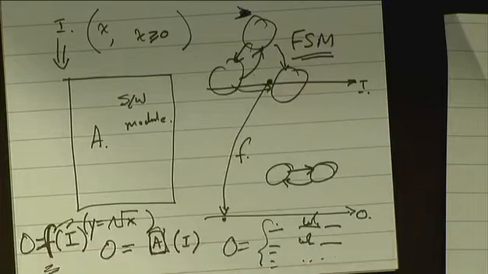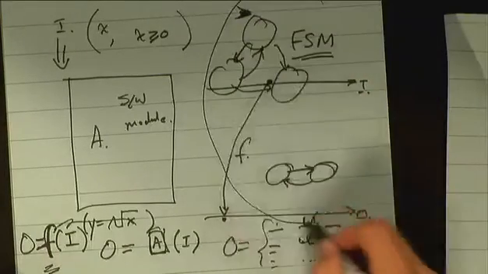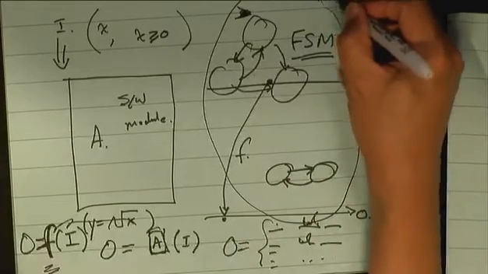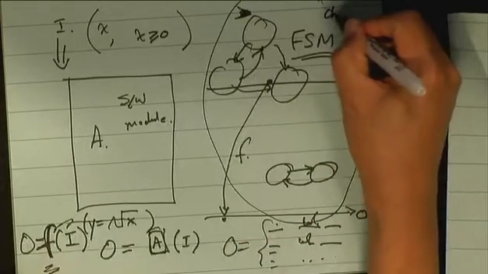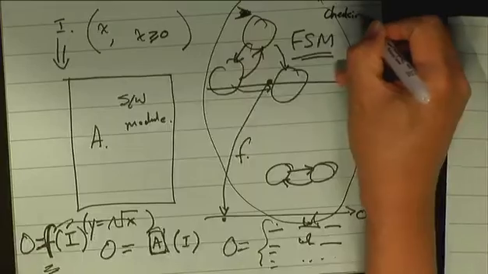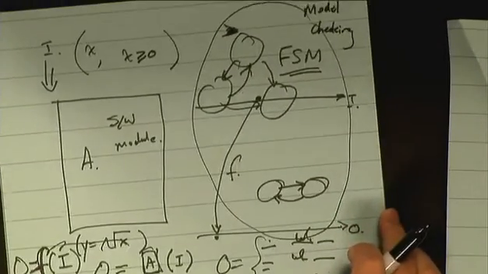This kind of formal method is called model checking. You have a model, a finite state machine model, and you check some properties by executing or analyzing it.